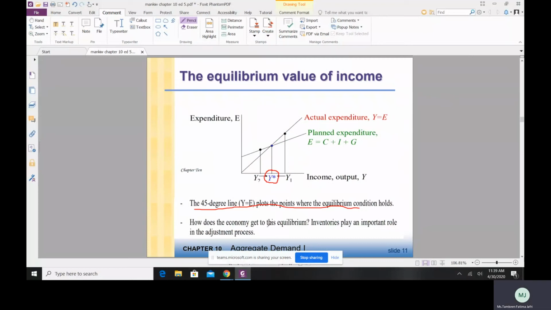Now, how does the economy get to this equilibrium? ठीक है, the reason यहाँ specify हुआ है कि inventories play an important role in the adjustment process. Let me explain. This is an important point. देखिए Y1 पे आप नोट करें, इसको मैं equilibrium नहीं कह सकती। क्यों नहीं कह सकती? क्योंकि at Y1 आपका जो actual expenditure है, यानी जो आपकी supply है, that's more than the demand. ऐसे ही है ना कि Y at this point is greater than E, ठीक है?